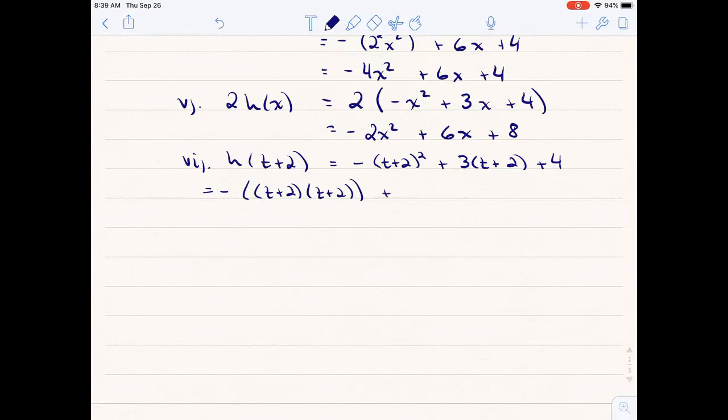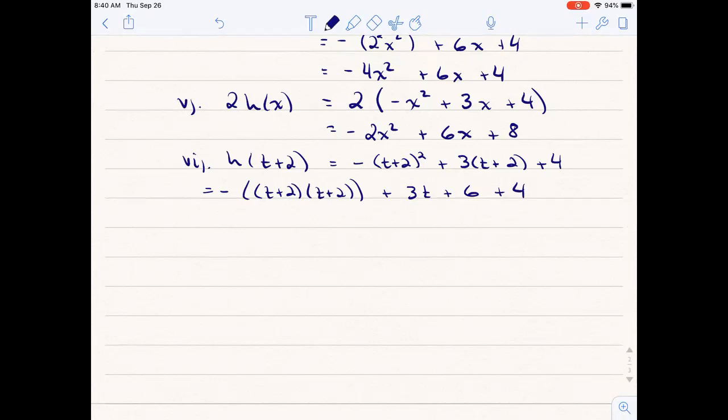And then plus, you know what? I'm just going to expand 3 times t plus 2 right away here, save us some work. 3t plus 6 plus 4. Okay.